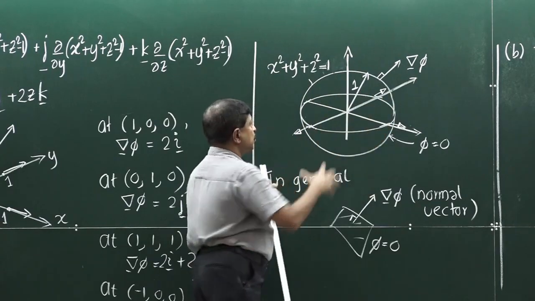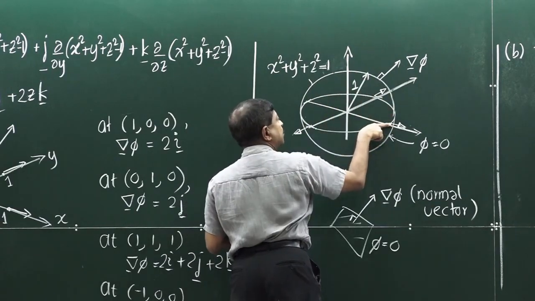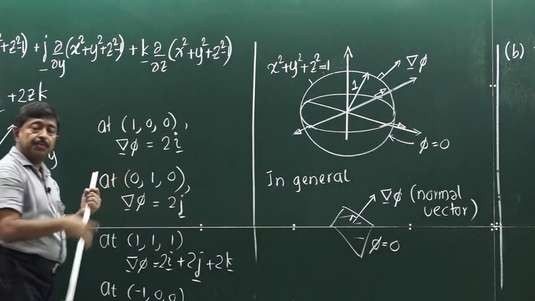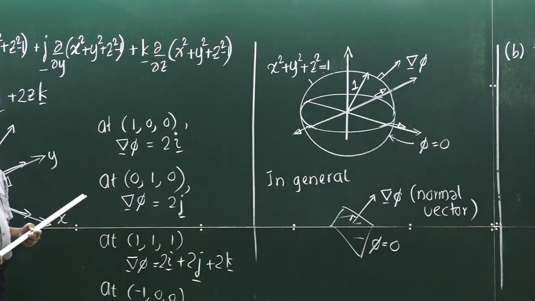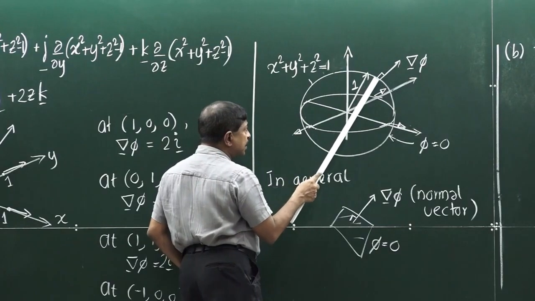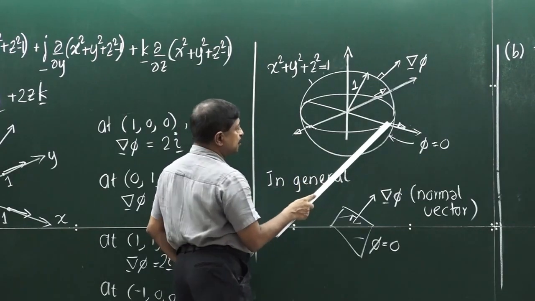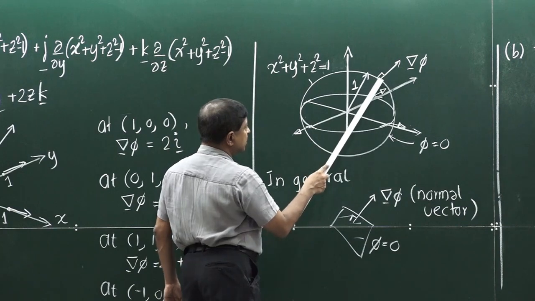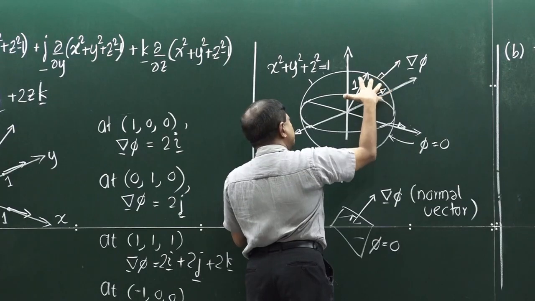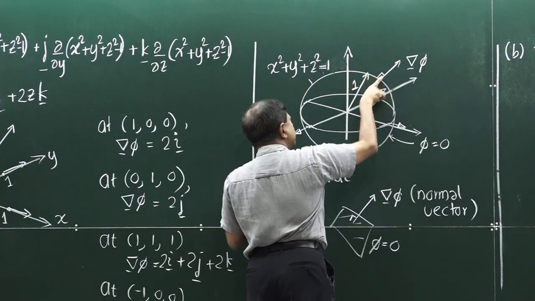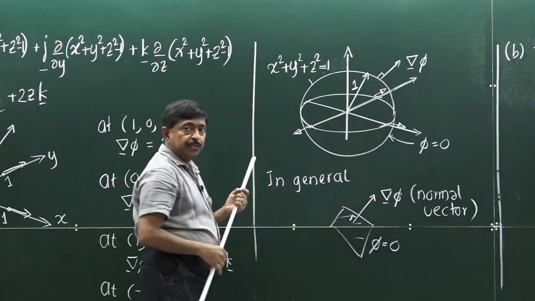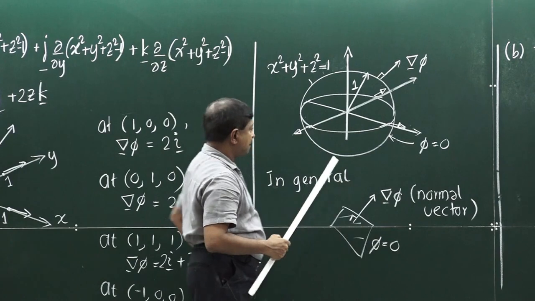Every point on the surface moves away from the origin. That means that vector is always perpendicular to the surface. Say there is a point on the balloon; if you increase its volume, that point moves away from the origin. So, that direction is always perpendicular to the surface.